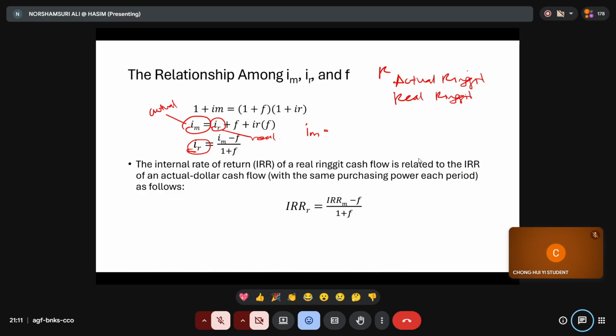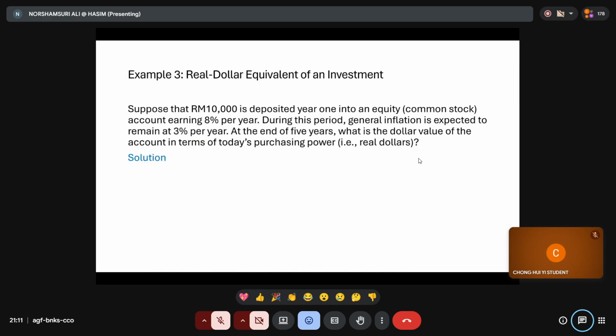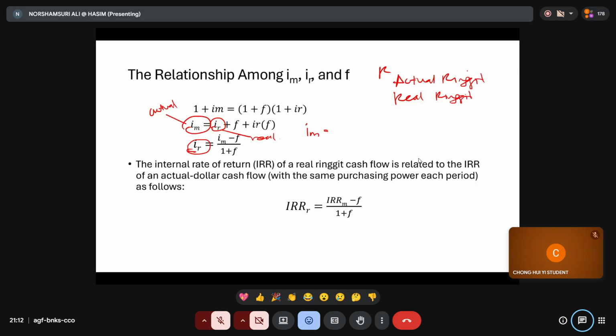It depends. For example, here we have the real dollar equivalent of investment. So if, for example, you have this one, maybe it is the high interest rate, but then what is the market, the real market?